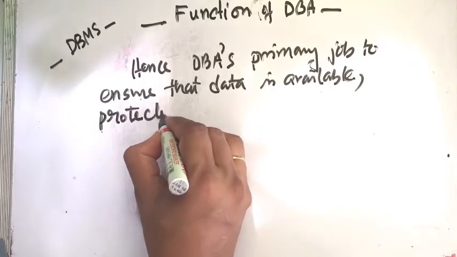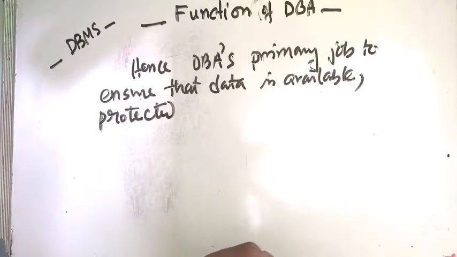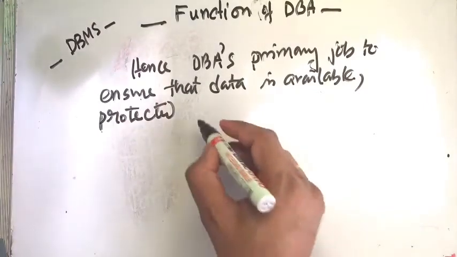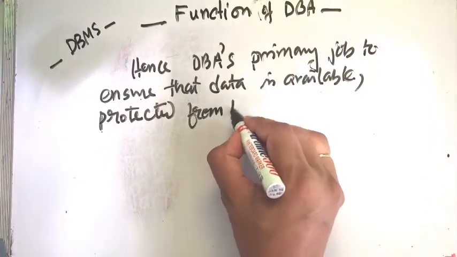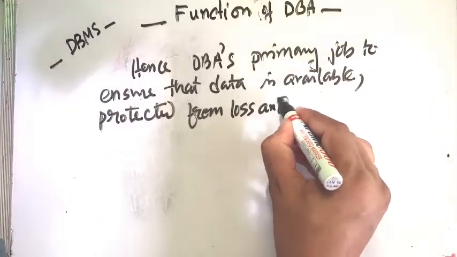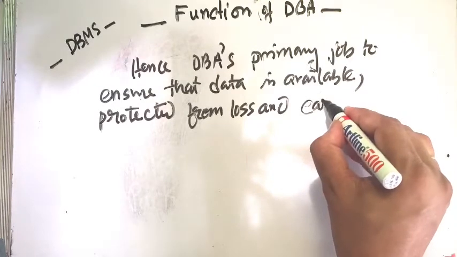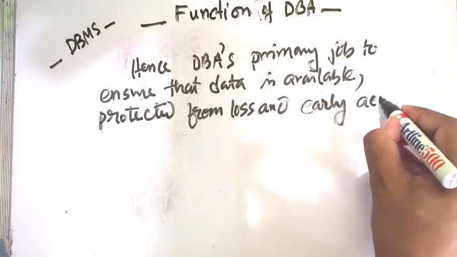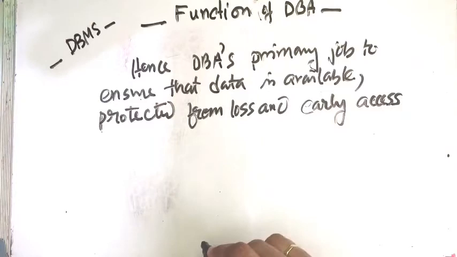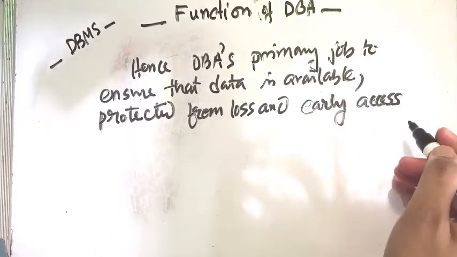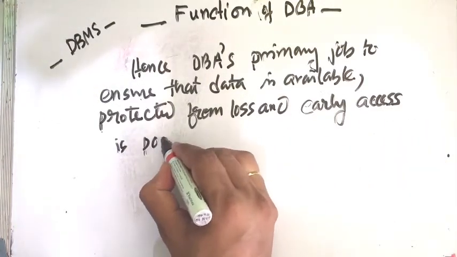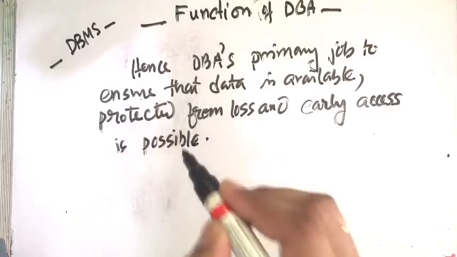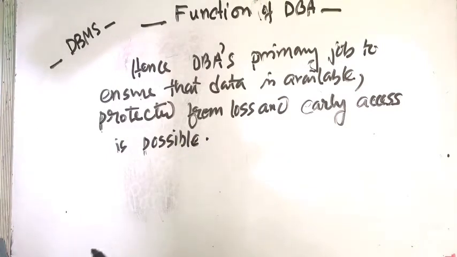Data is available means it is designed properly so that we can access it easily. Easy access is possible so that we can access data from the database in a fast way. So the DBA is the central controller of the DBMS.